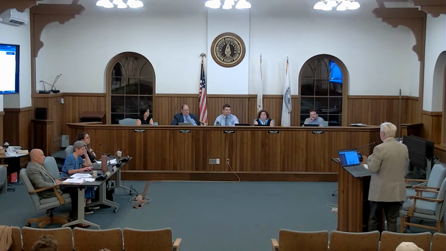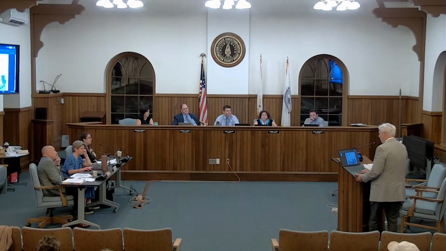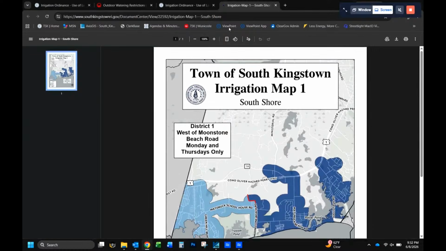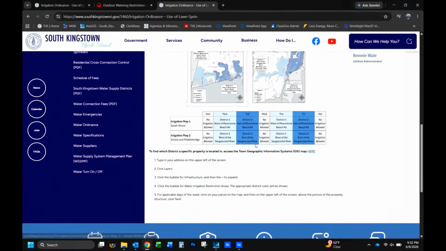Veolia has their website up, and they reference our website, which is the irrigation ordinance, where you can click the maps and see your address there, or find your road, and it gives you plenty of information on how to go to the GIS.